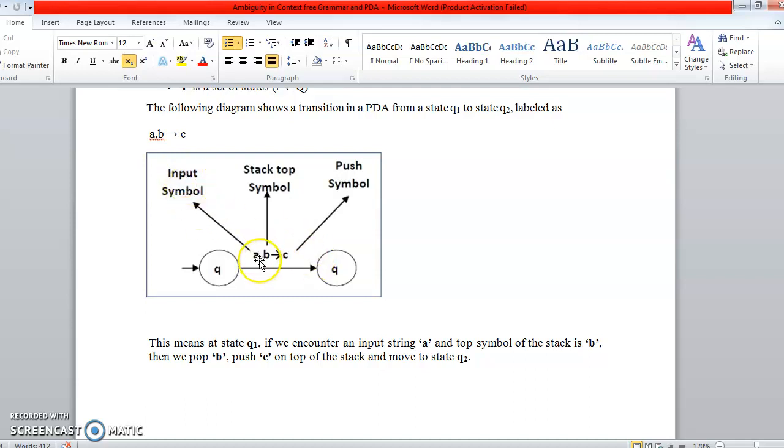The input symbol is A, and the stack top symbol is B at that time, and the push symbol is C. That means Q1 is accepting this input from the tape, and the stack top B presently will be pushed with another symbol C, and at this time the state Q1 will be shifted to Q2. That is the fundamental of the PDA, push-down automata.